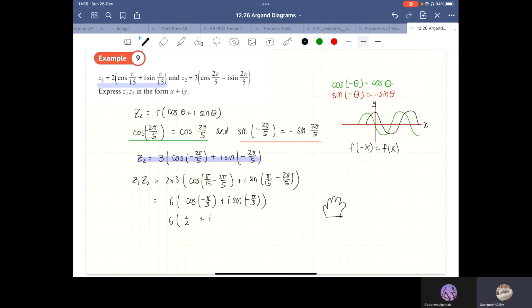Plus, sine of negative pi over 3 is just sine of negative 60. What is sine of negative 60? Would that not be a negative half? No, but you told me cosine of negative 60 is a half, but sine, counting from the other side, this is the sine direction, this is the cosine. 0, 30, 45, 60, 90.